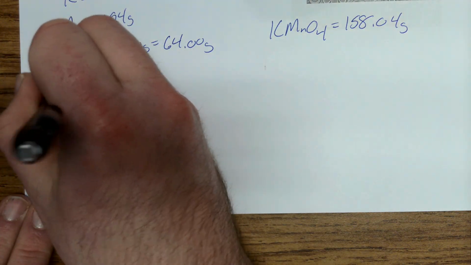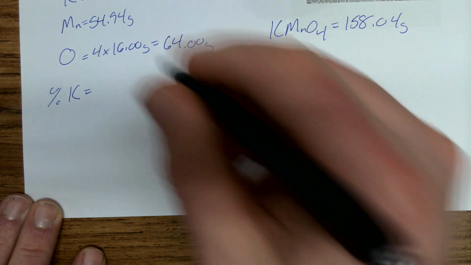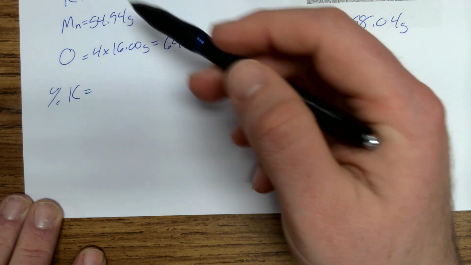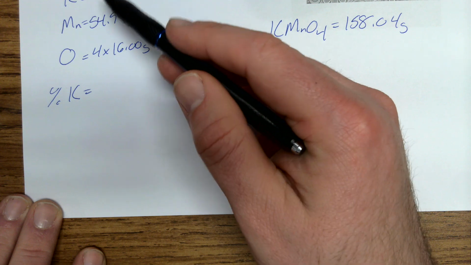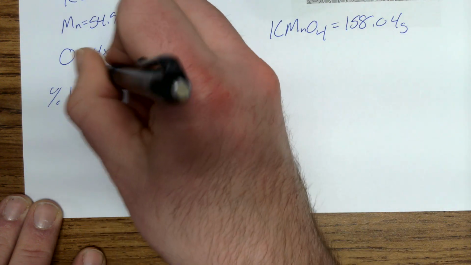So to figure out the percent of potassium, at the end, I'm going to have 3 different equations. One for potassium, one for manganese, and one for oxygen.